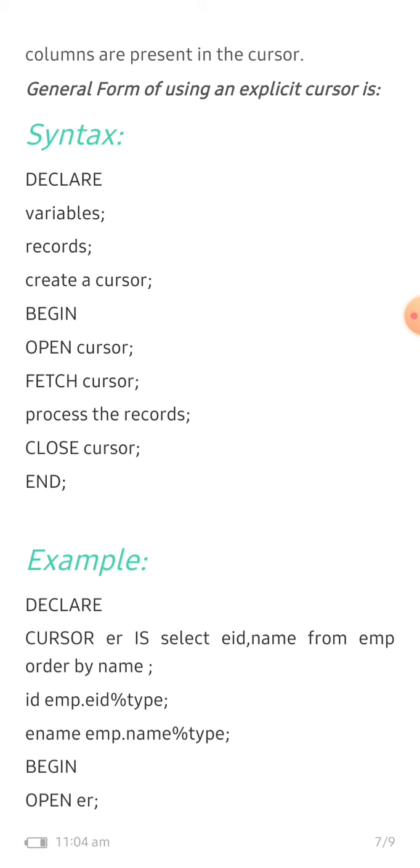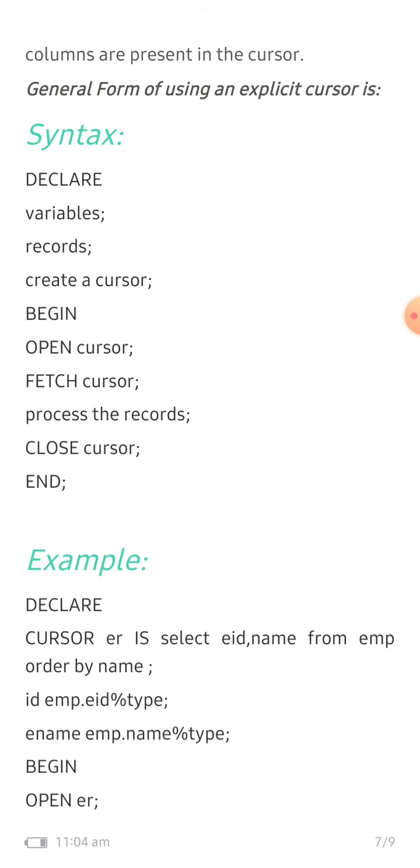Example is: declare cursor is select EID, name from EMP order by name; ID emp.eid%type, ename employee.name%type.